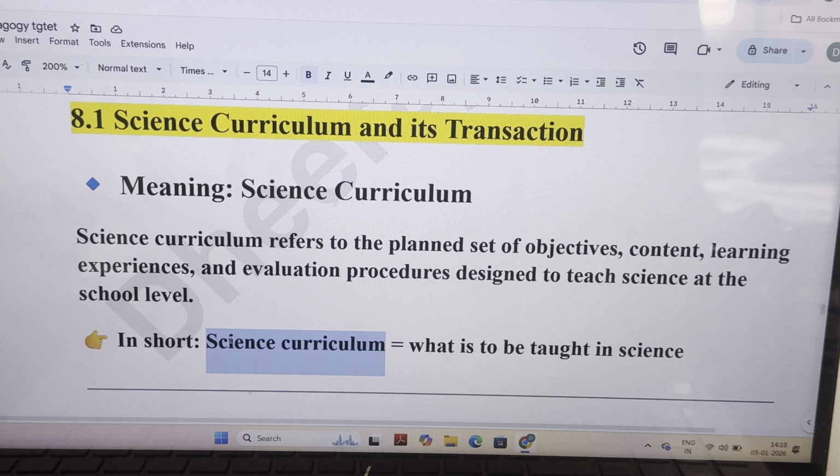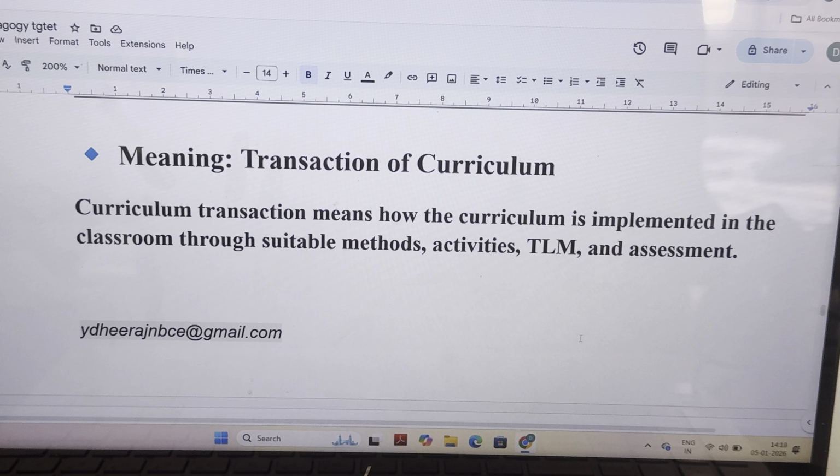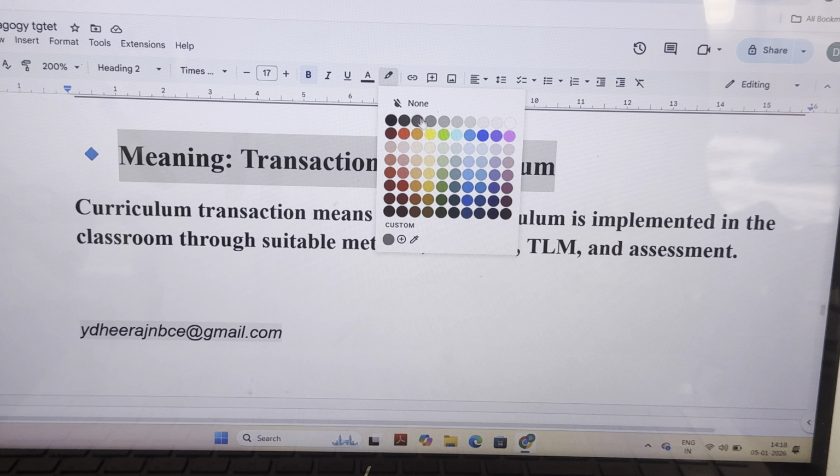Don't get confused with syllabus. First, curriculum will have what is to be taught in science. Then we have to understand the meaning of transaction of curriculum. Curriculum transaction means how the curriculum is implemented in the classroom through suitable methods, activities, TLM and assessment.